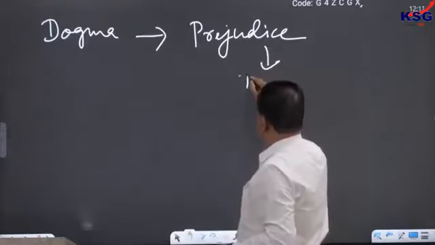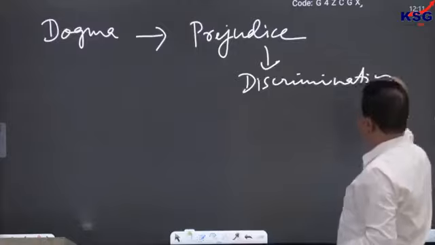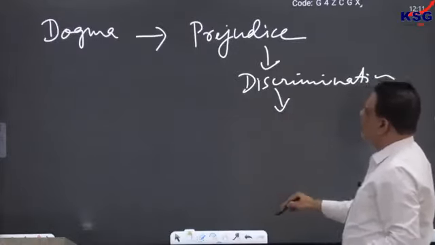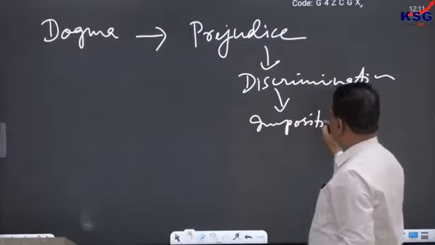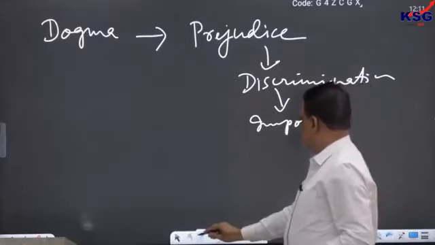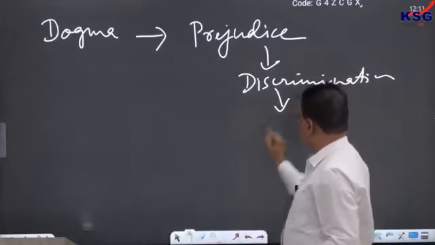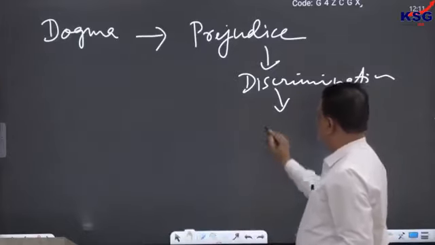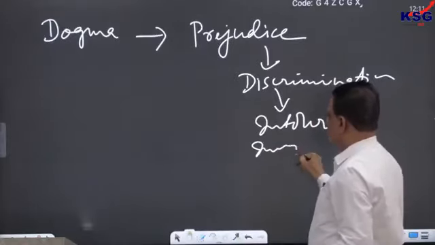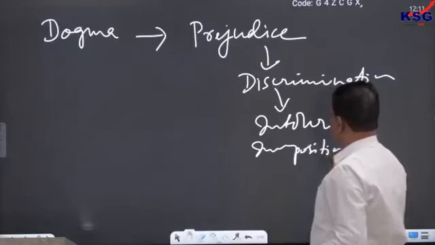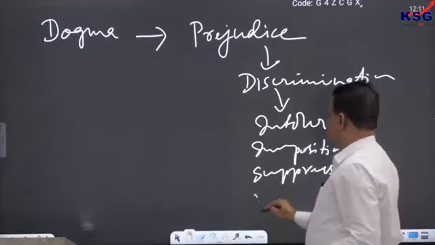That prejudice will lead to discrimination, which will lead to intolerance, imposition of the majority opinion on the minority, suppression of the minorities, or violence against them.